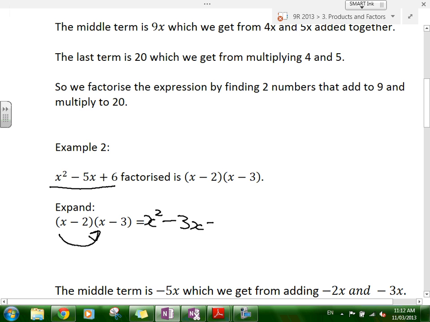What's the next one going to be? Well, let's do the next one. Minus 2 times x. Good. Minus 2x.